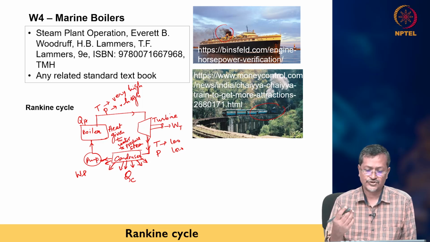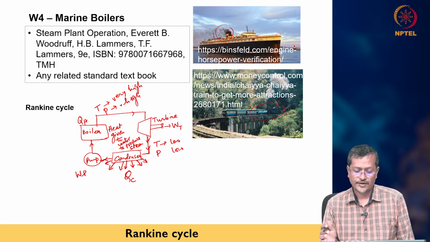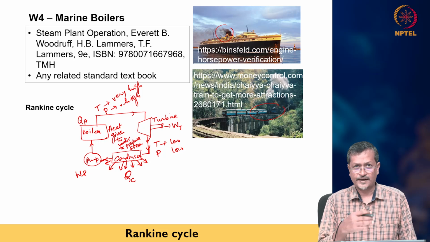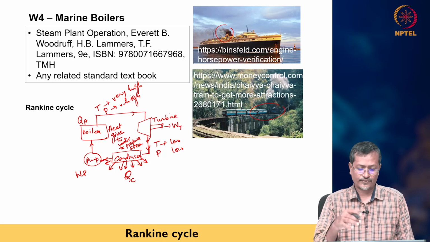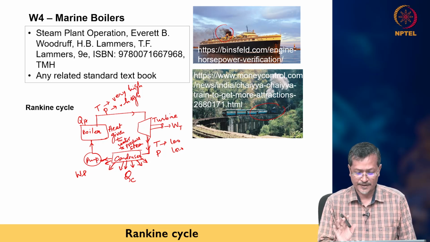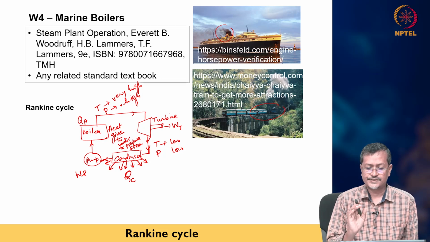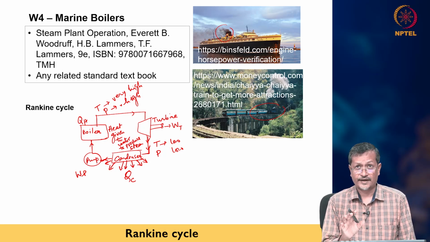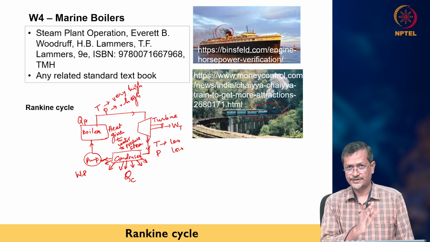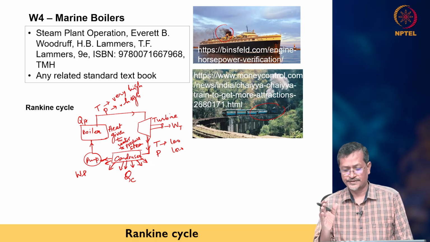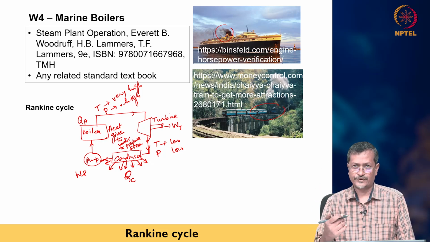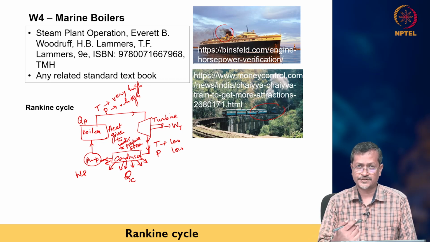It will get energy from the turbine directly, or from any electrical source, or any other fuel will be burnt and the pump can be run. So this is the function of the Rankine cycle. The Rankine cycle will be producing steam. This will be going to the turbine system. The turbine system will be releasing that steam, low pressure, low temperature, and that will be going to the condenser.